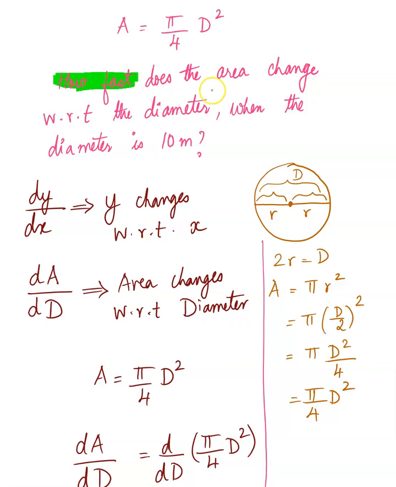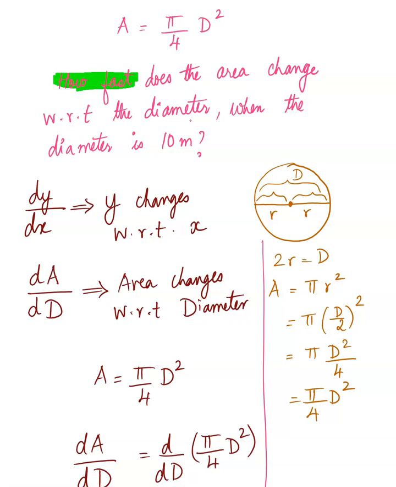But it says, how fast does the area change with respect to the diameter when the diameter is 10 meters? So here we found the derivative of the function, but we need to find the instantaneous rate of change. Instantaneous rate of change obviously has to be for a specific instant. And that specific instant is when the diameter is 10 meters. Now diameter keeps increasing.